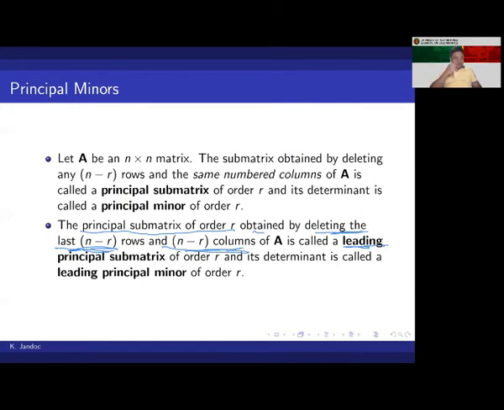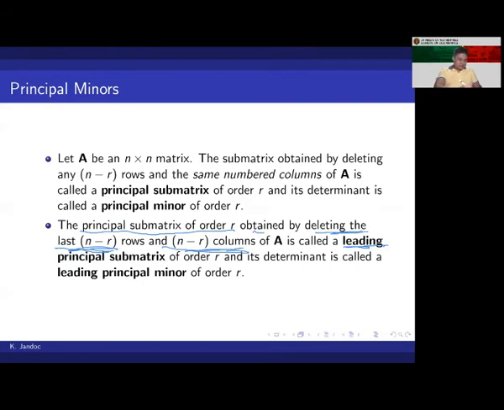In the previous discussion where we discussed principal submatrices, it's the same numbered rows and columns. Now it's the last n minus r rows and the last n minus r columns. We'll show this later. The determinant of that leading principal submatrix is called the leading principal minor.